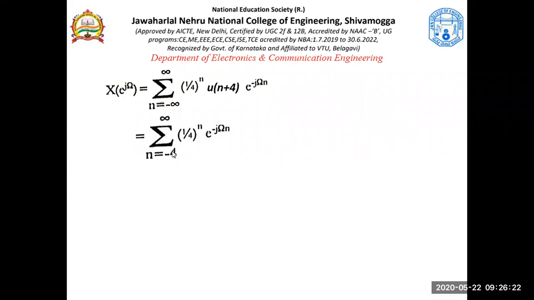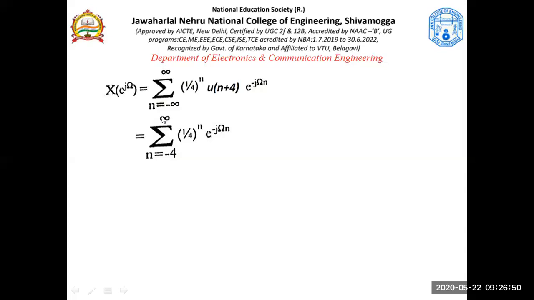Or you can bring this minus 4 onto the left hand side, so it would look like n plus 4 equal to 0. That means you are adding plus 4 here, so adding plus 4 here would also mean adding plus 4 here. And when you add plus 4 to infinity, there will not be any change. So this is the case I was talking about. When the upper limit is infinity, you need not take care of this.